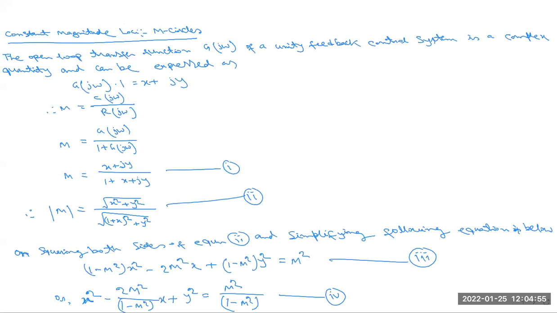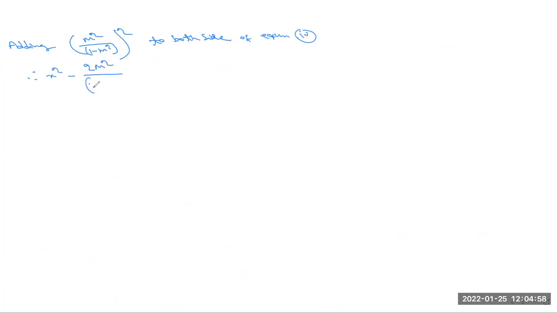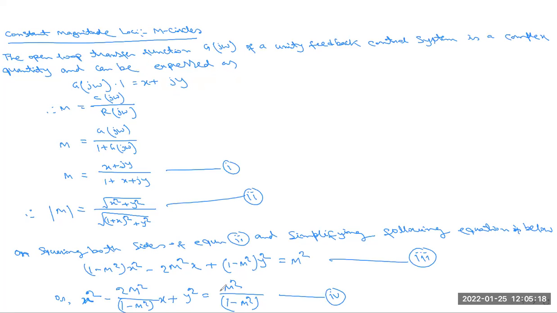So the equation is coming: x square minus 2M square by 1 minus M square into x, plus we add M square by 1 minus M square, its total whole square, plus the previous part y square, and then this one.